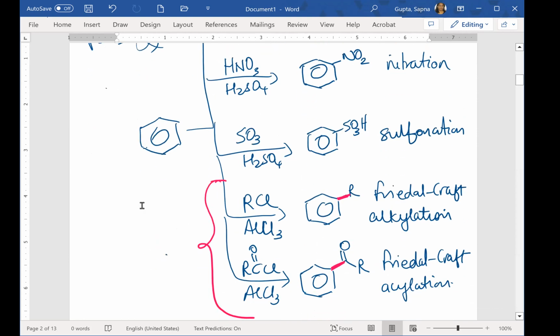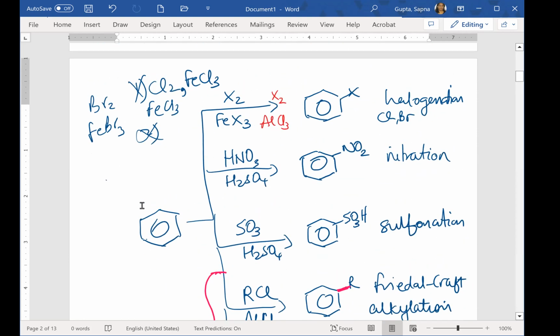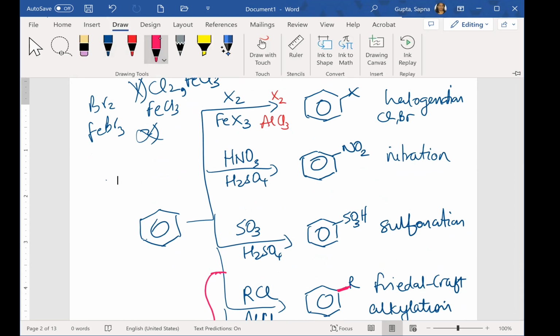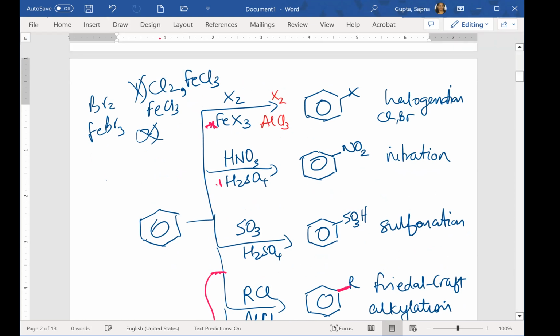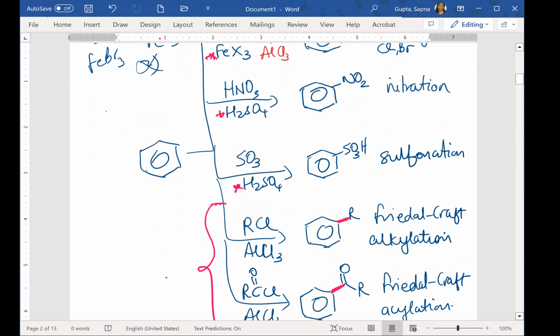I want you to note one more thing before I move on from here. Look at all the catalysts here: this one, this one, this one, and aluminum chloride. If you look at all these catalysts, these are all acids, whether they are Lewis acids or the general sulfuric acid.